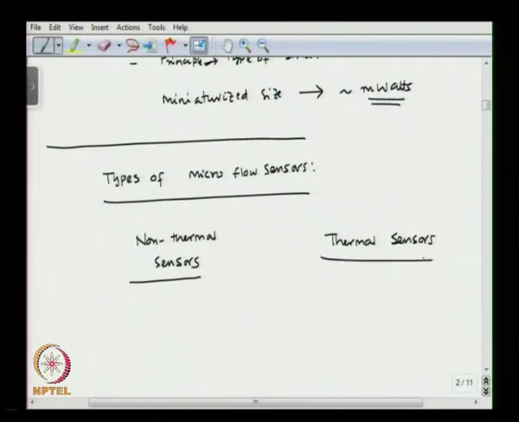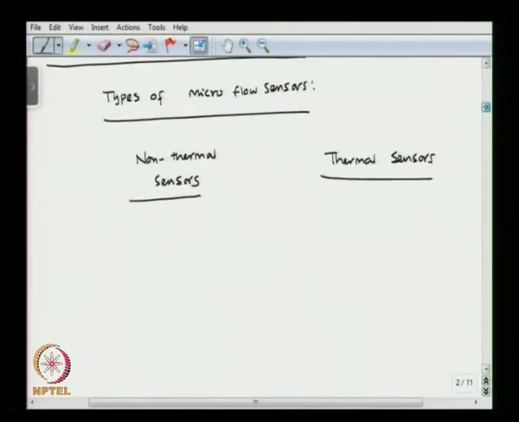In non-thermal sensors, they will be based on different principles. One is the differential pressure flow sensor. Second one is the drag flow sensor.